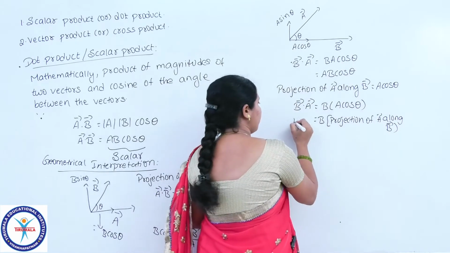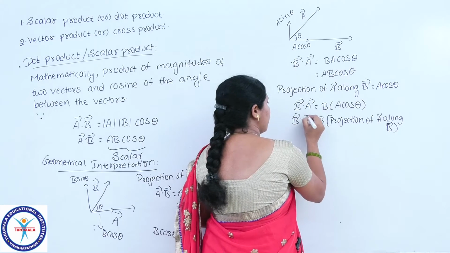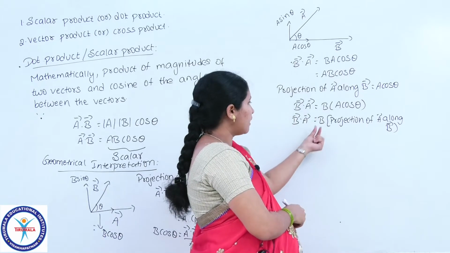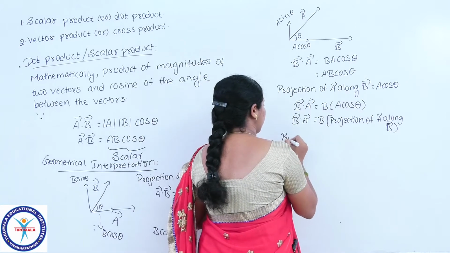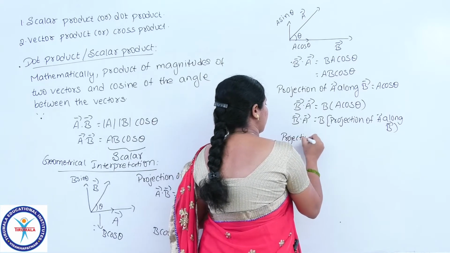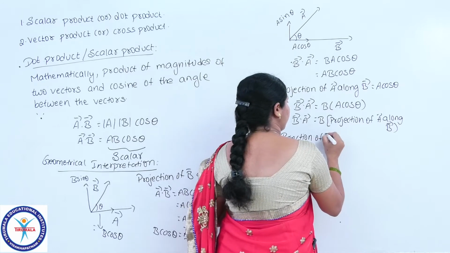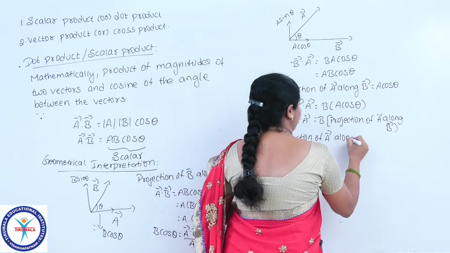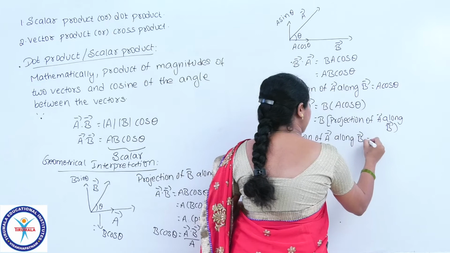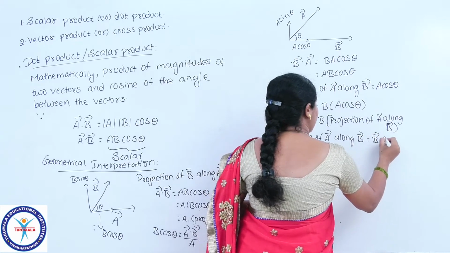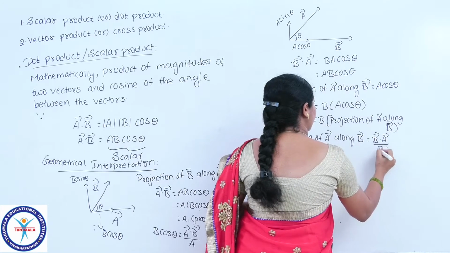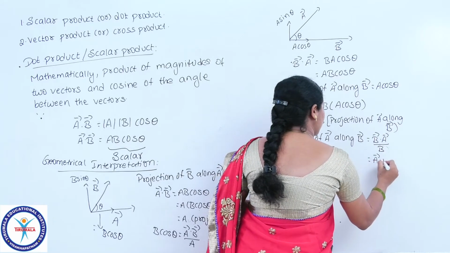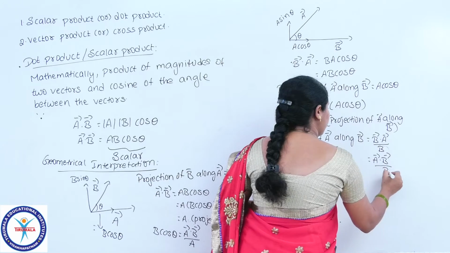If we want the value of the projection of a bar along b bar, transpose b to the LHS. So we get the projection of a bar along b bar equal to b bar dot a bar by b, or a bar dot b bar by b.